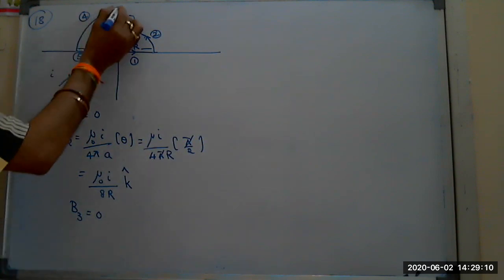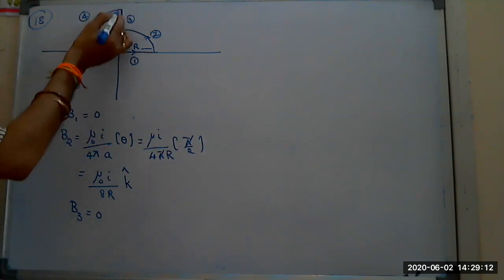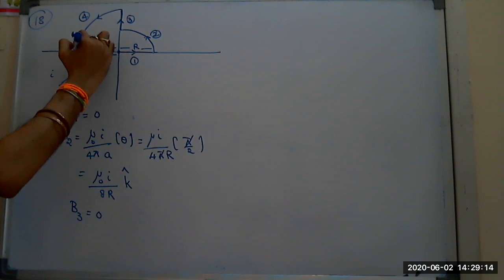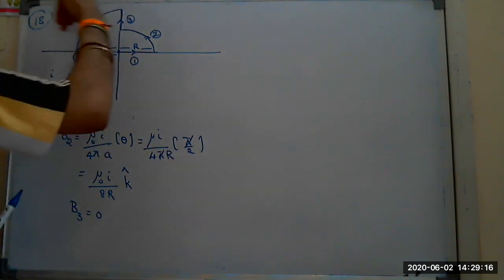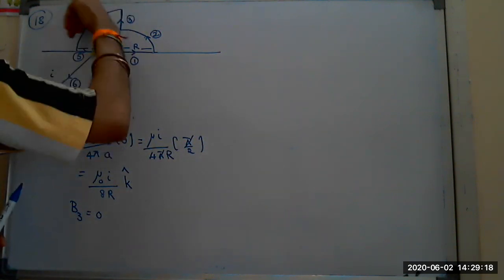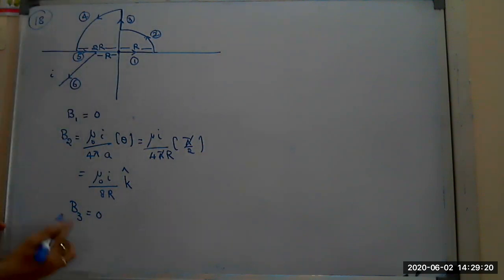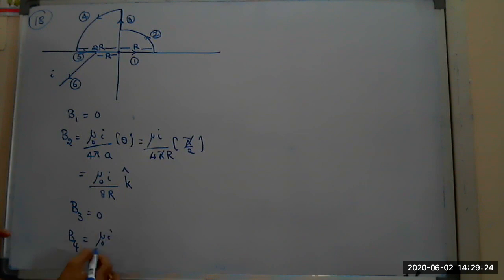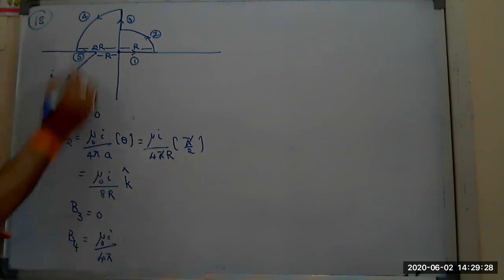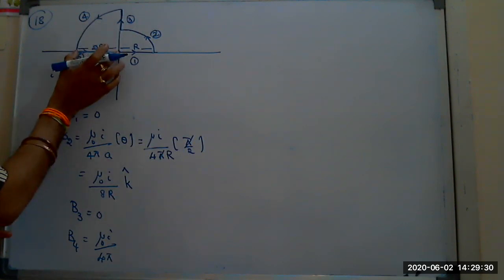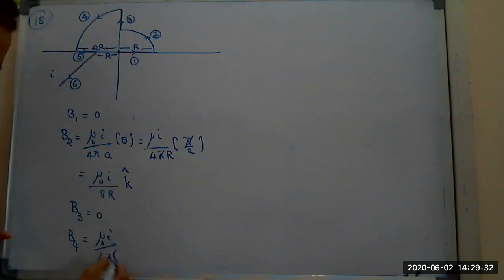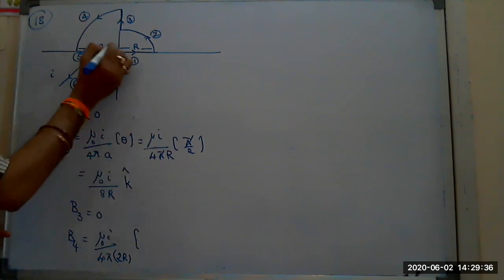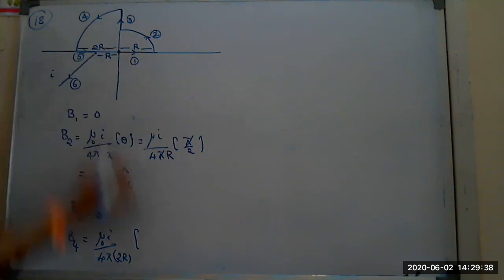In order, we come to the fourth one. The fourth one is again a quadrant circle, carrying current in this direction, anti-clockwise, so again outwards. B4 equals mu naught I by 4 pi A into angle. The radius of this one is 2R now, so 4 pi into 2R, and the angle of a quadrant circle is pi by 2.